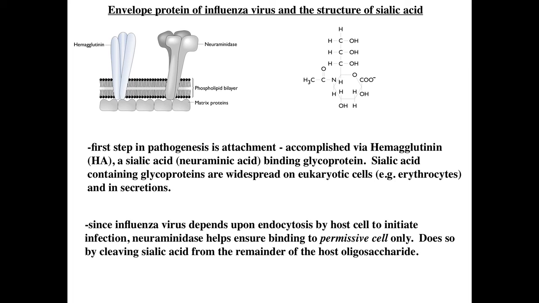So the hemagglutinin will bind to that sialic acid containing glycoprotein, and that will initiate endocytosis in a permissive cell. Note the term permissive, because I'm going to show you how influenza binds to red blood cells. But red blood cells cannot undergo endocytosis.